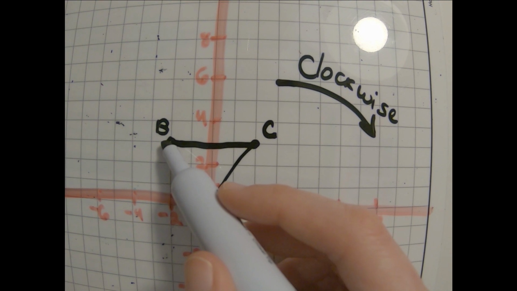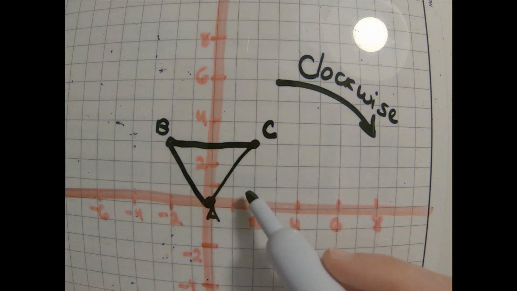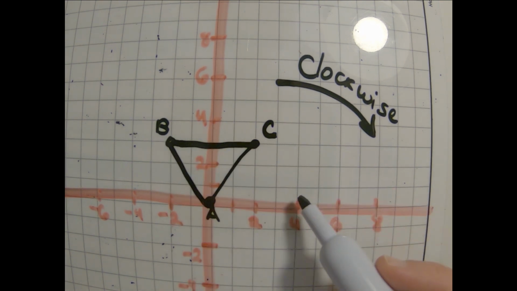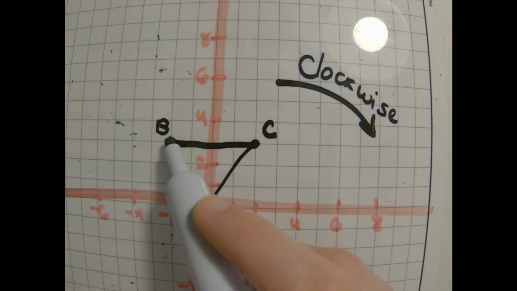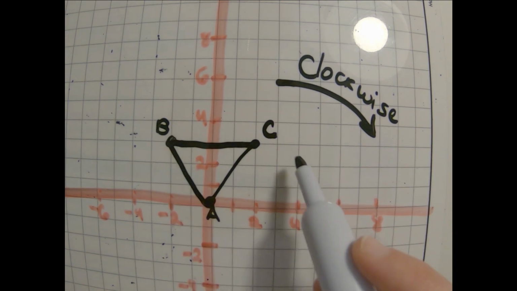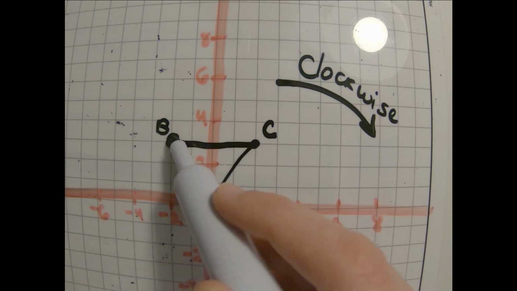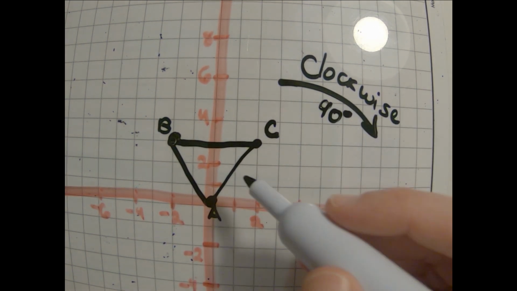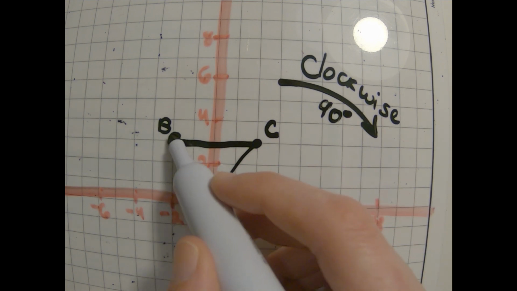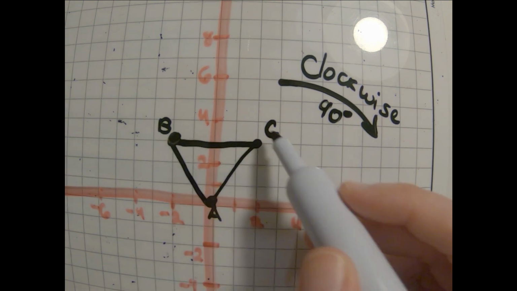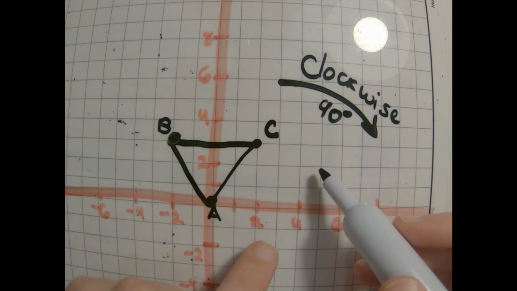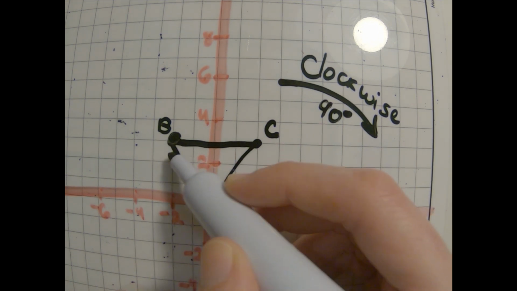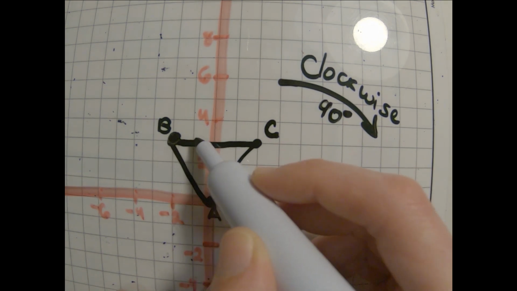I want to be able to transfer it 90 degrees clockwise, knowing that it's going to end up now in this quadrant, because every 90 degrees the points move a quadrant. So 90 degrees for B would be one quadrant over. Okay. So in order to find out where this point is going to go in this quadrant, I need to really see the distances from the y-axis and the x-axis.